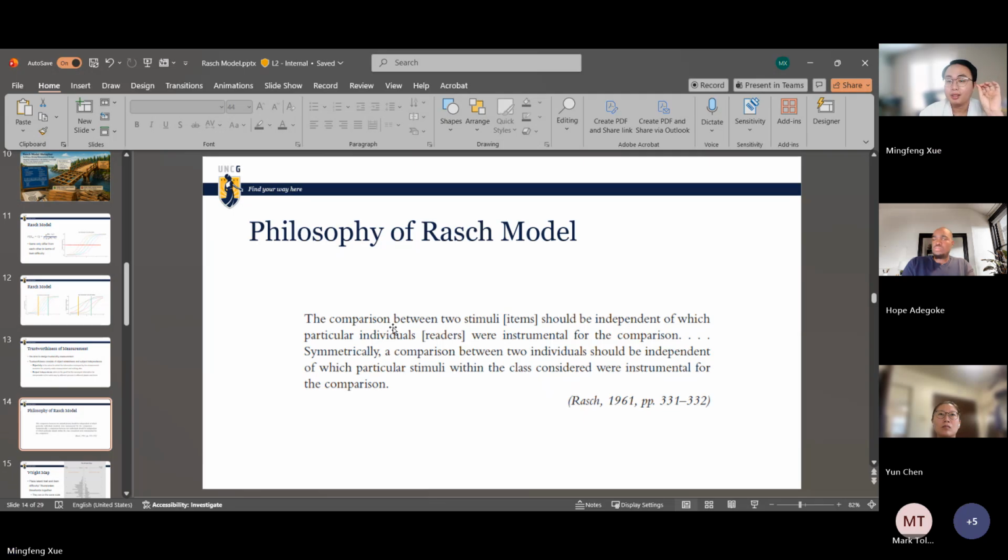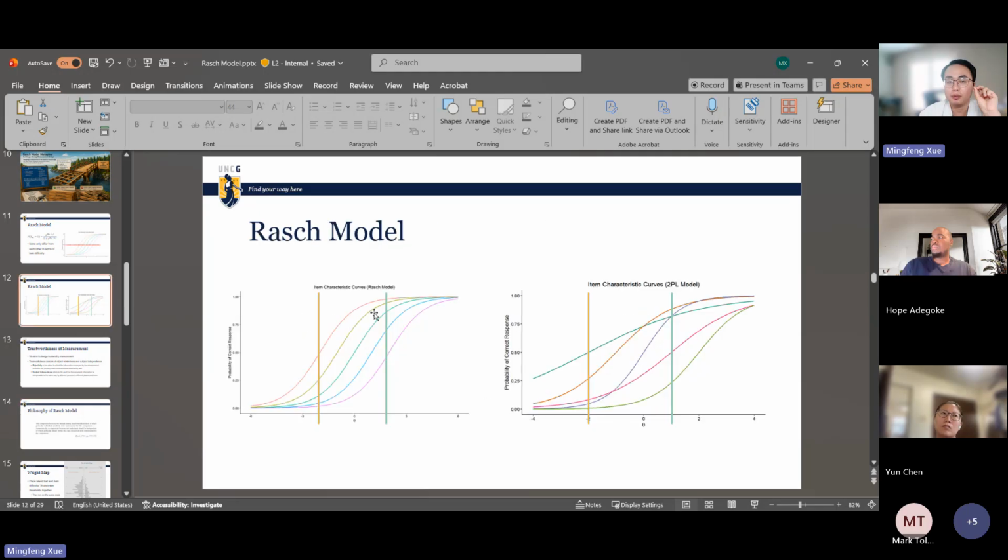So this is a quotation from Rasch. It tells us the comparison between two items should be independent of which particular individuals were instrumental for the comparison. This is the example I just mentioned before. The difficulty of any two items, the relationship will not change because of a different latent trait.